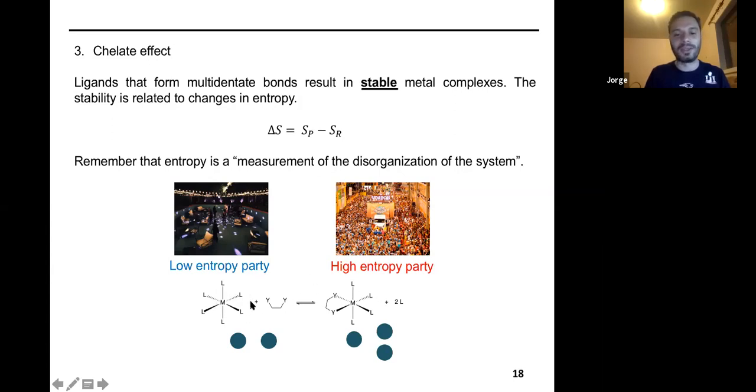So that means when we insert the chelate ligand in the coordination sphere, that is a spontaneous reaction. Therefore, the product is more stable than the reagents, and that's why the chelate enhances the stability, because it increases the entropy of the system. Okay?